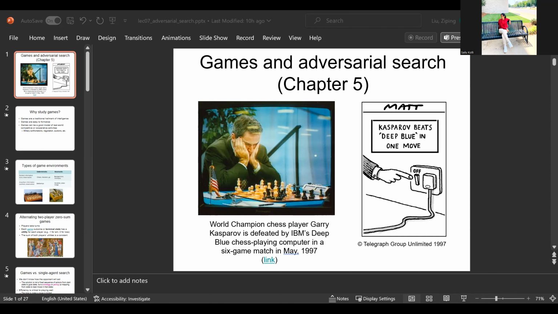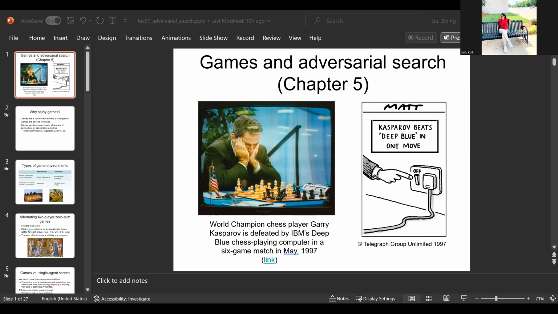And for the minimum, it will find the minimum utility value from its successors. Okay, so that's how the two opponents pick up the value, pick up the move.